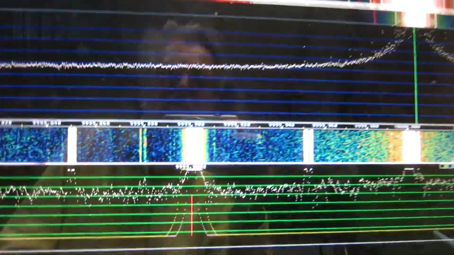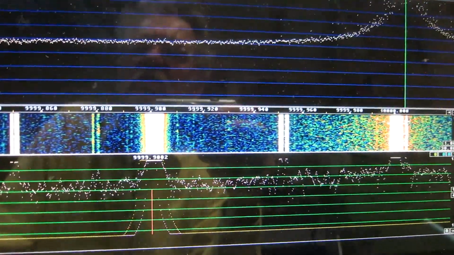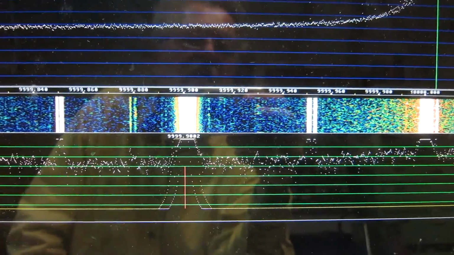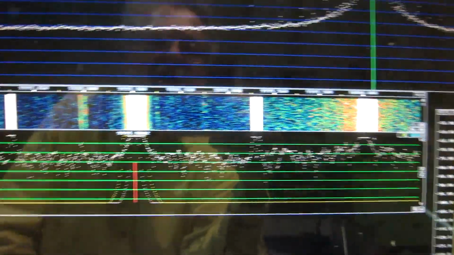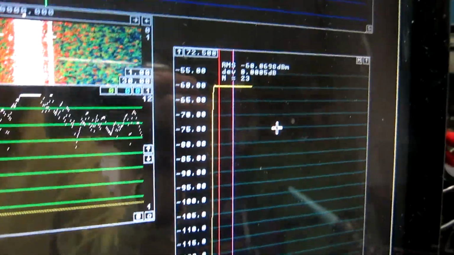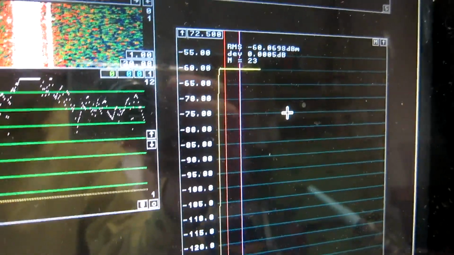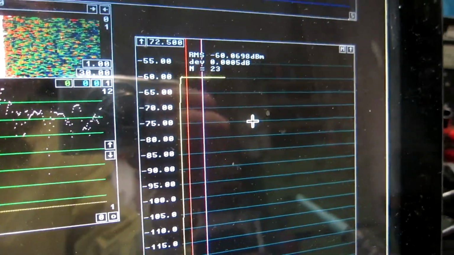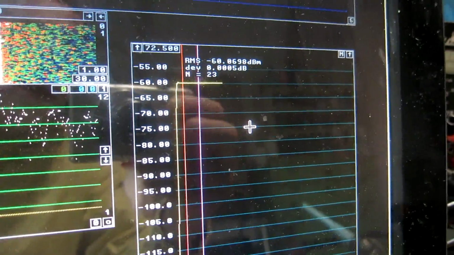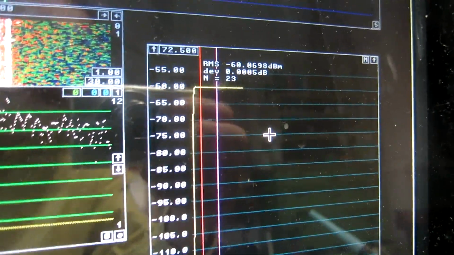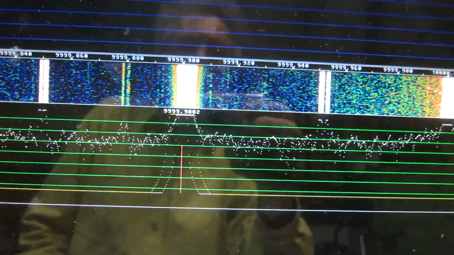I have changed the sampling rate for the perceives. It's only 48 kHz now. So I had to recalibrate the S meter because various filters change when I do this. But now it shows minus 60.1 again. And the separation is 100 Hz.